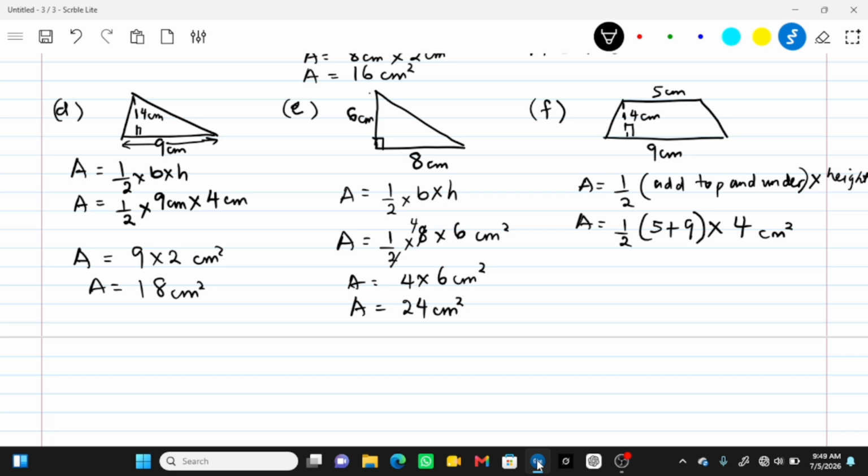Don't mind, since we are adding here, it should give us just a single centimeter. So the area is half into 5 plus 9, 14, multiplied by 4 centimeters squared. So these two can take care of 4, we have 2. So the area will give us 14 multiplied by 2 centimeters squared. So the area is equal to 28 centimeters squared.